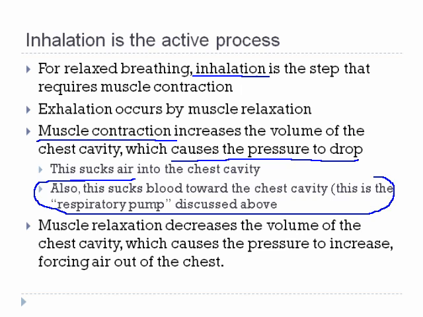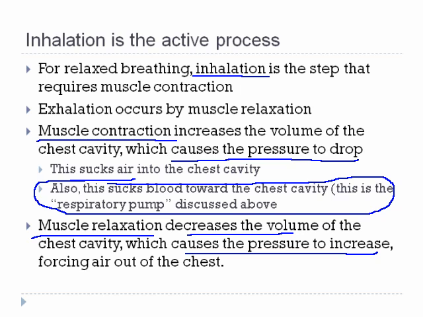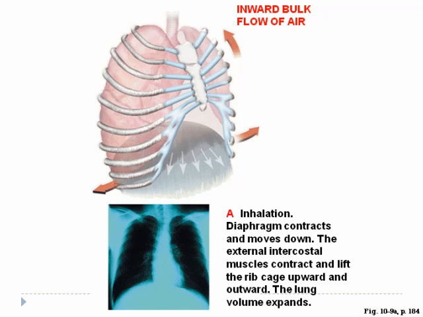This is the respiratory pump that helps to pull blood toward the chest cavity. And then just letting that go back to normal decreases the volume of the chest cavity. That causes the pressure to push the air out of the chest. And so they're showing you that in this figure. The diaphragm contracts and moves downward.